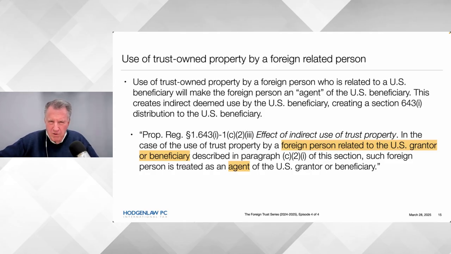So the moral of the story is, when you are preparing a tax return for a U.S. beneficiary of a foreign non-grantor trust, you have to poke and pry a little bit on these questions of, is there a loan that will somehow be tagged as a distribution to a U.S. beneficiary? Or is there use of trust-owned property without paying fair market value rent?